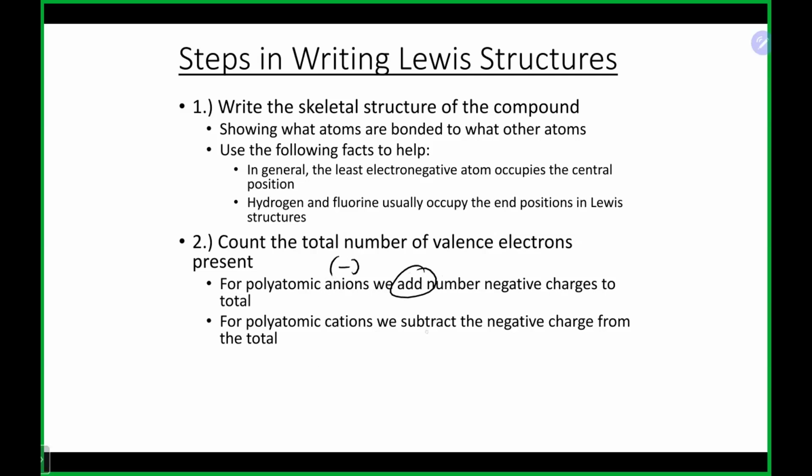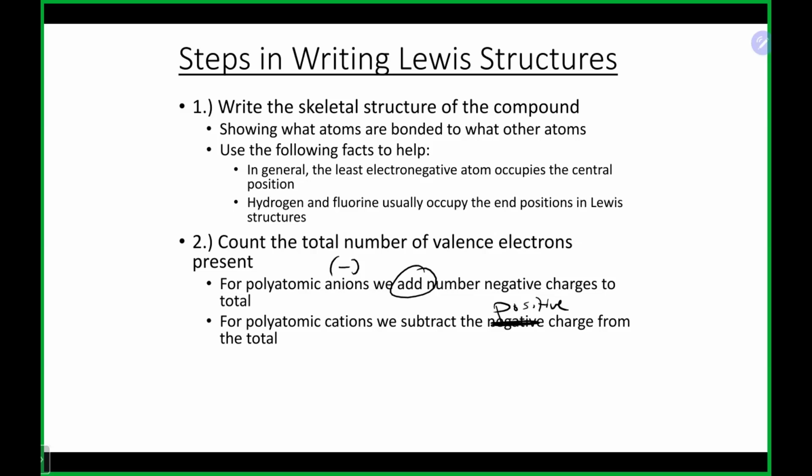For a cation, we subtract the positive charge from the total. So if something has a -2 charge, you need to add two to your total, and if something has a +1 charge, you need to subtract an electron. Otherwise, you'll end up with too few or too many electrons for your picture.